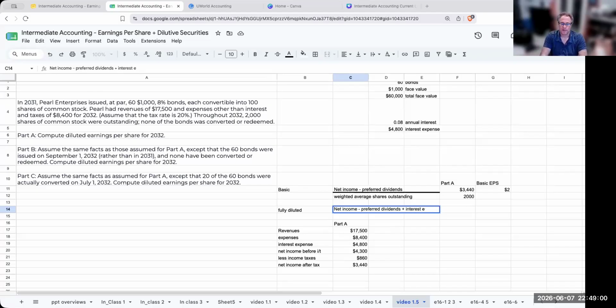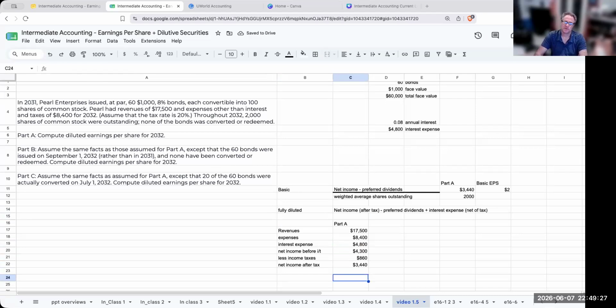But what's important here is this interest expense is going to be net of tax. And why is that? Because my net income here is really implied to be after tax. So if I just took 4,800 and added this back, that's not going to be the same number.